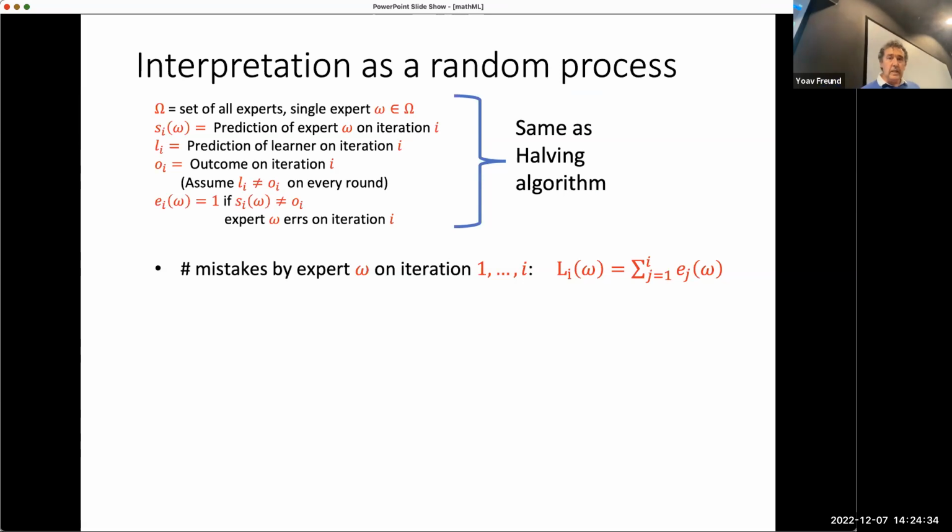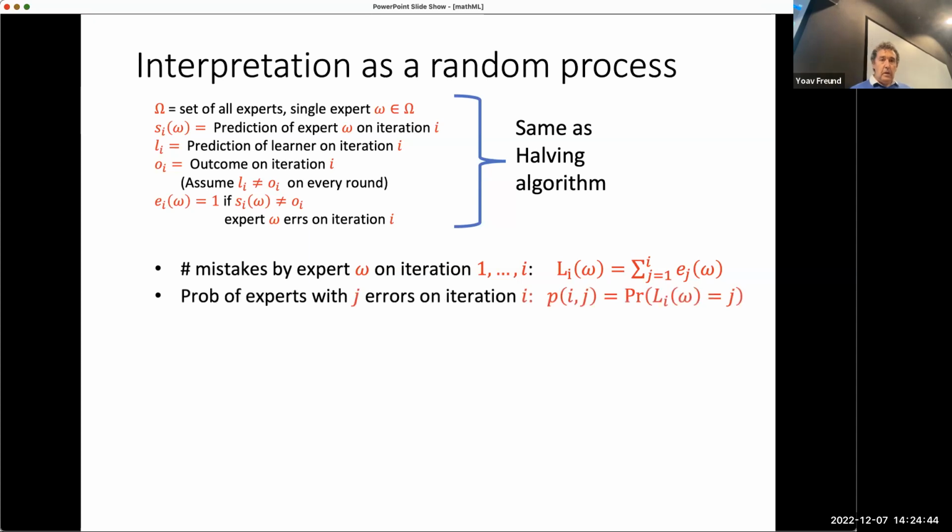And the number of mistakes of expert omega on iteration I is simply the sum of the EJ, right? Number of mistakes that they made. The probability of expert with J errors on iteration I is the probability that Li omega equal to J, right?